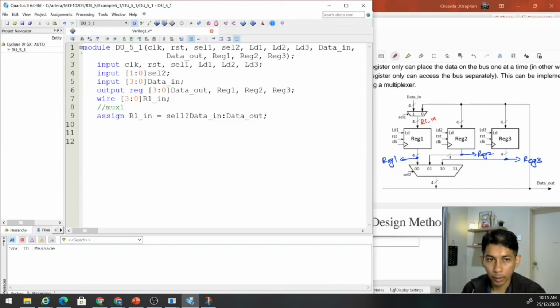Now after we have the mux 1, we want to describe this reg 1. We can use the always block, with a positive edge triggered clock, and we have a positive reset also.